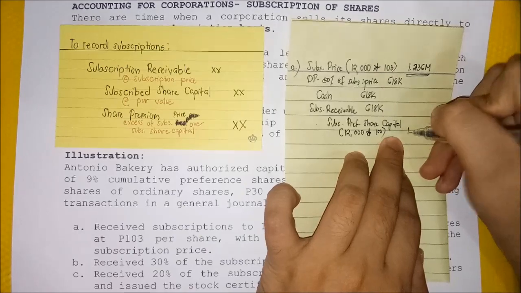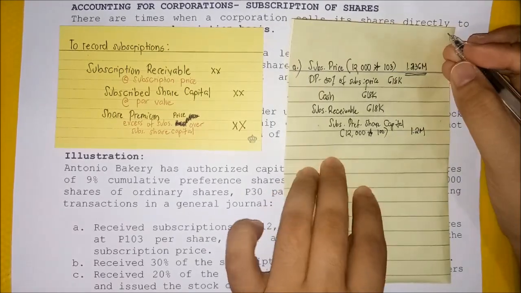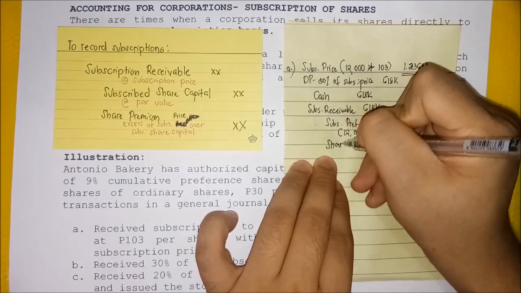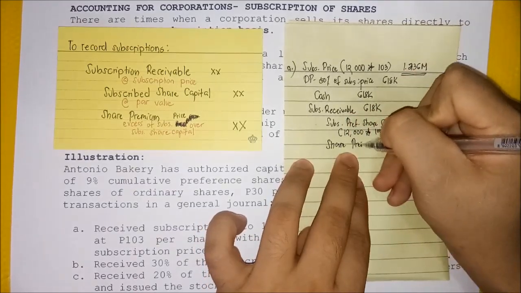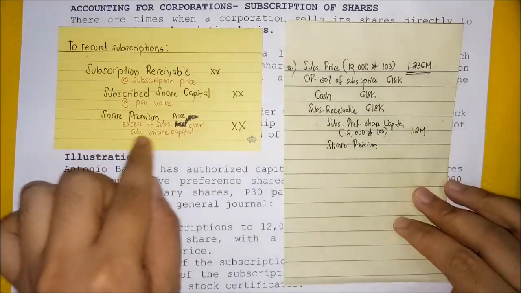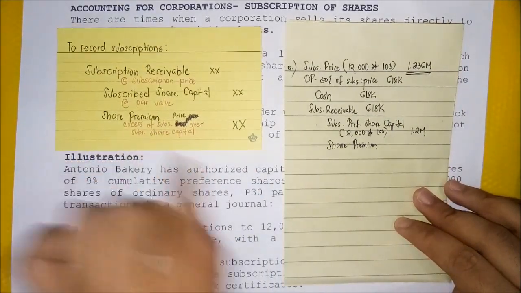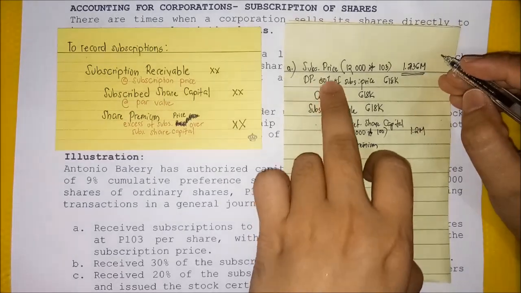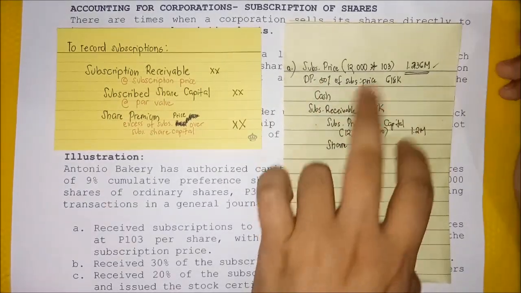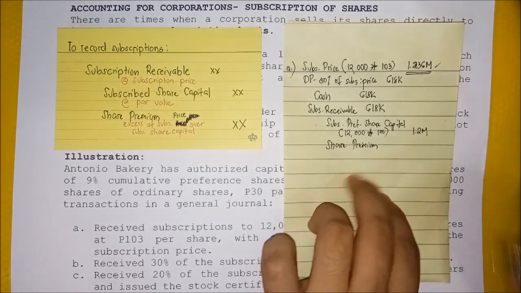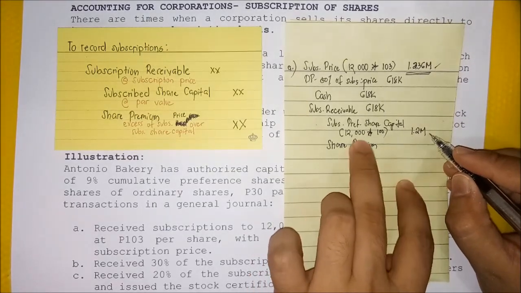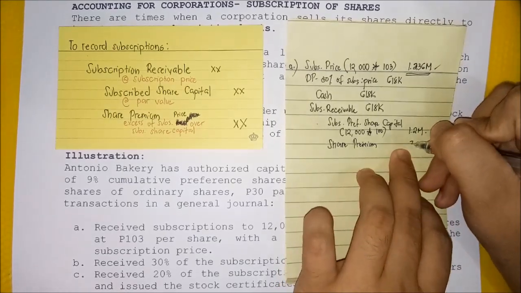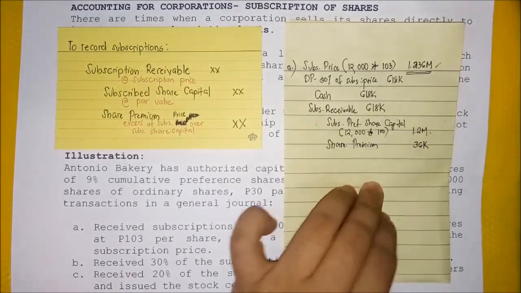So, that is 1.2 million pesos. Credit, share premium. Ang sabi, excess of subscription price over subscribed share capital. Subscription price ng shares is 1.236 million. Subscribed preference share capital at par value is 1.2 million. Therefore, yung difference nun is yung share premium, 36,000 pesos.